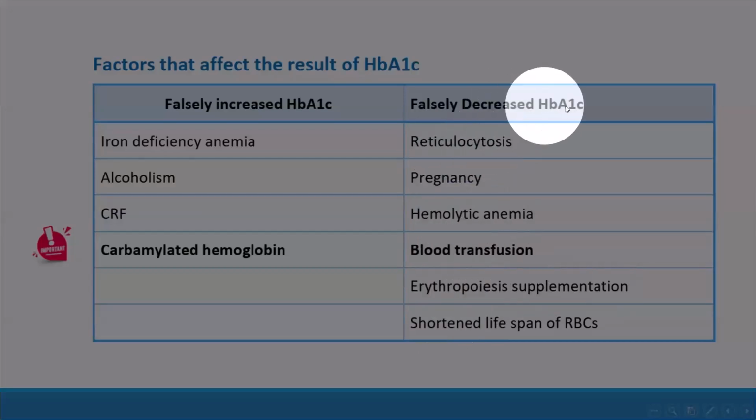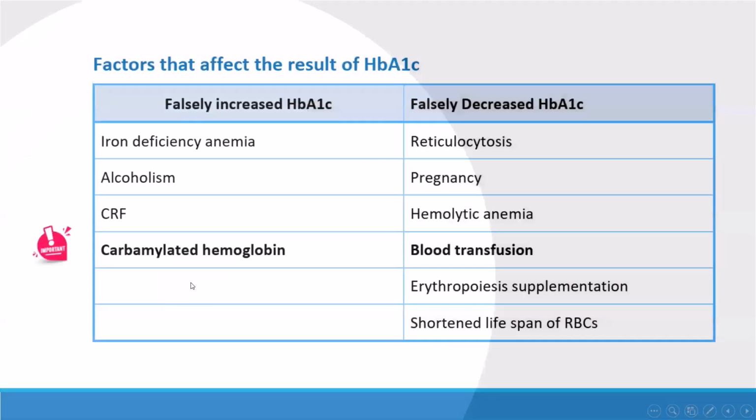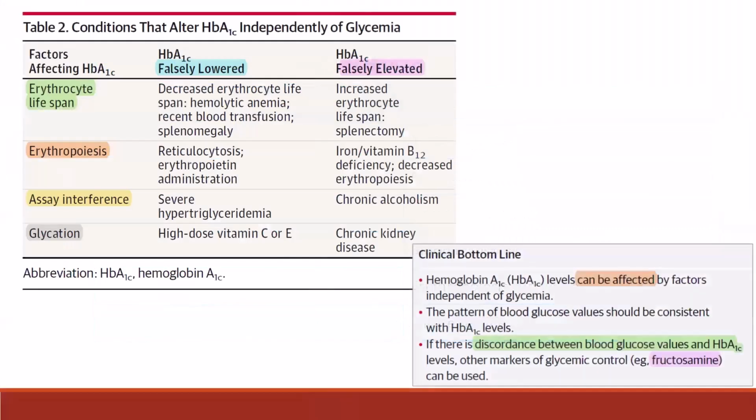All of these will decrease hemoglobin A1c, and some factors can cause elevated hemoglobin A1c. So there is a discrepancy between hemoglobin A1c and self-blood glucose monitoring. But don't forget that up till now, all societies recommend hemoglobin A1c as the most important parameter in the follow-up of the patient with chronic kidney disease, together with self-blood glucose monitoring.